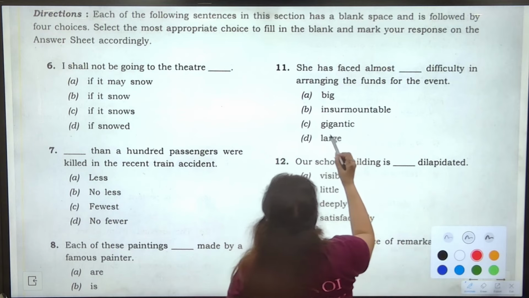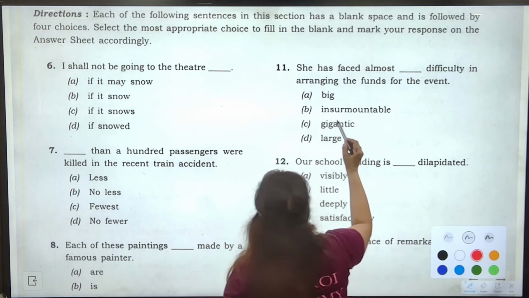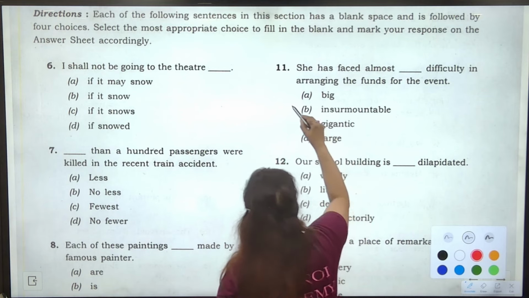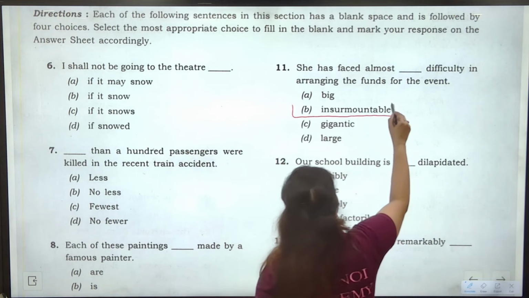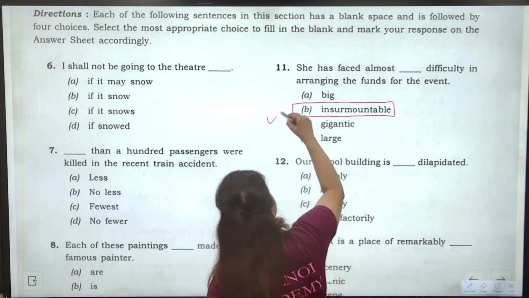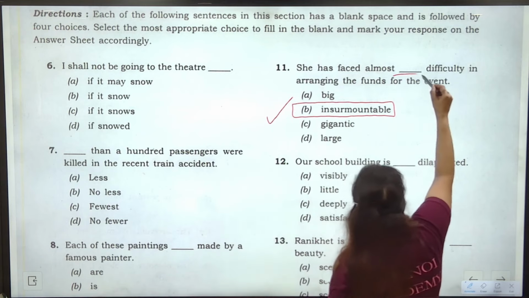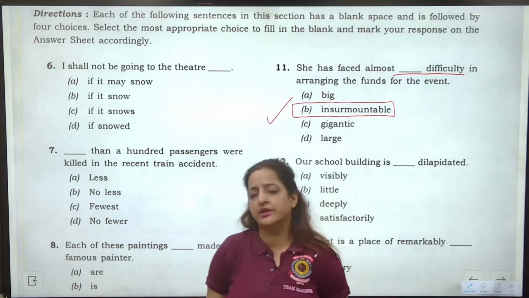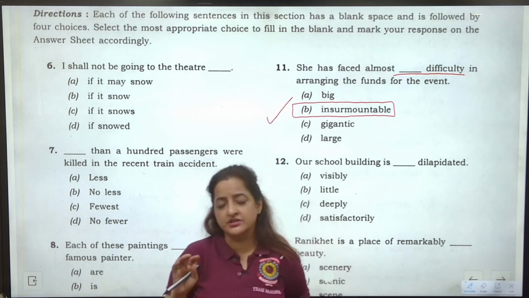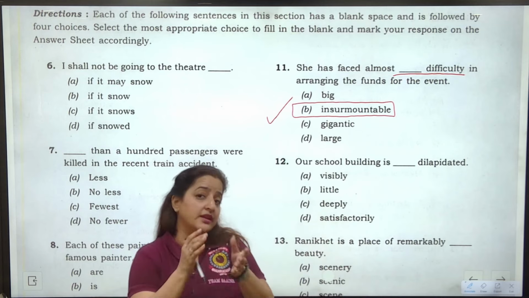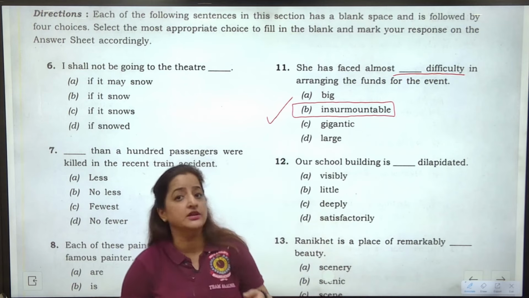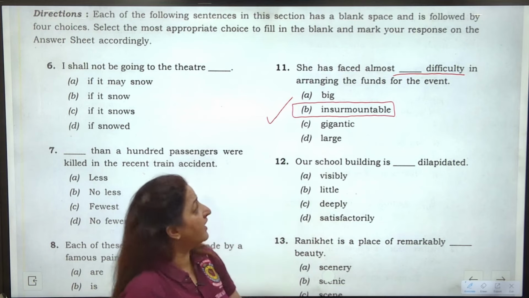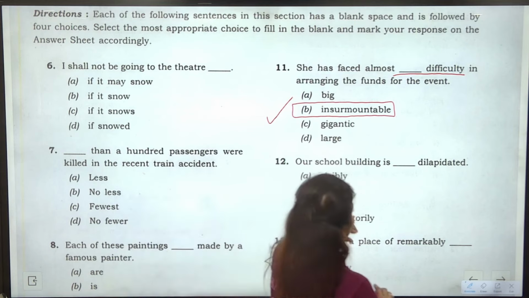But then still, if you say big, gigantic, large, they are somehow synonyms. यहाँ पे एक odd one out की strategy use कर सकते हैं. Answer is insurmountable difficulty. Insurmountable means undefeatable, unconquerable, जिसको हम मात नहीं दे सकते, जिसको हम conquer नहीं कर सकते. Therefore answer is it कि ऐसी कोई difficulty आ गई है ना in arranging the funds.